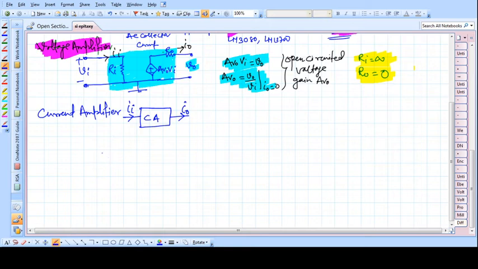So what we have to do? Again make the circuit. But here the input will be the current, and the output will also be the current.